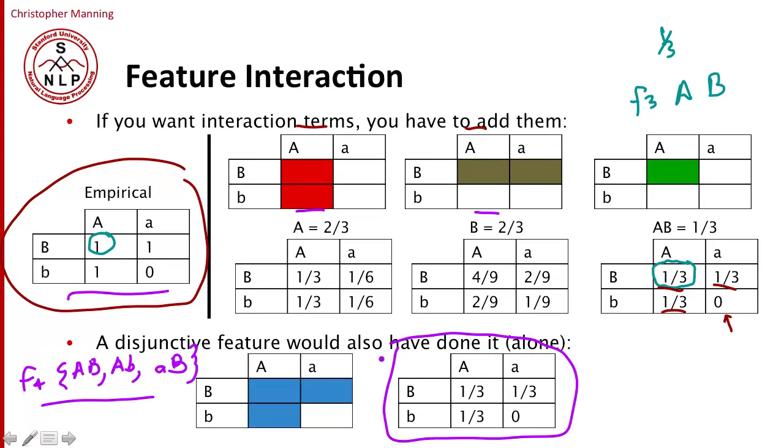So in general, the thing to take away from here is that a lot of the time we want to put in features that model interaction terms or that model sets of data. In particular, in natural language contexts, commonly what you want is to have features that model natural classes.